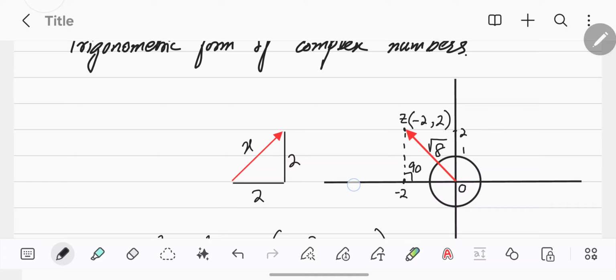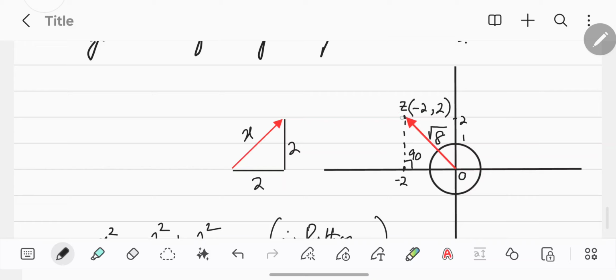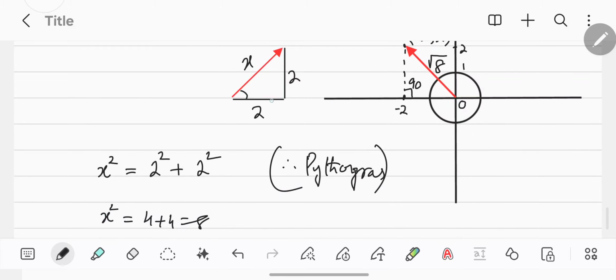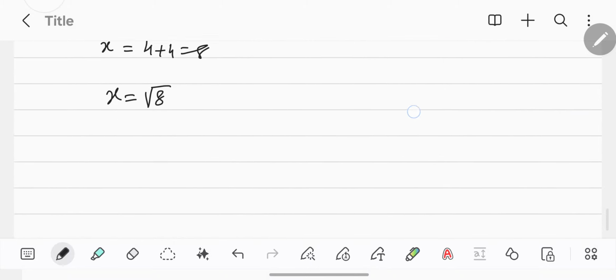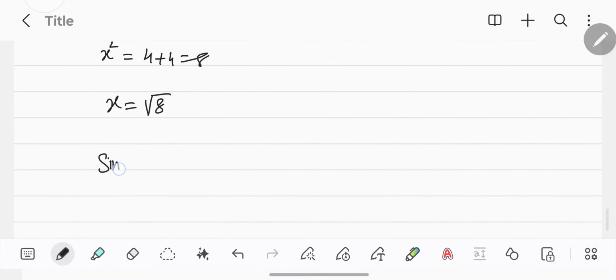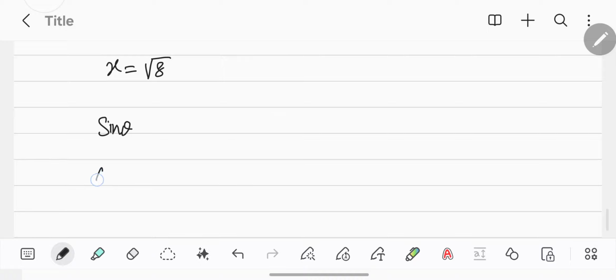Now, in order to find the coordinates of this point in polar form, we have to use this triangle. Let's look, we have two different trigonometric ratios, sine theta and cosine theta.